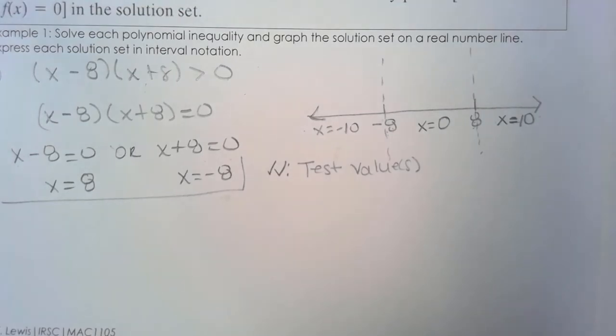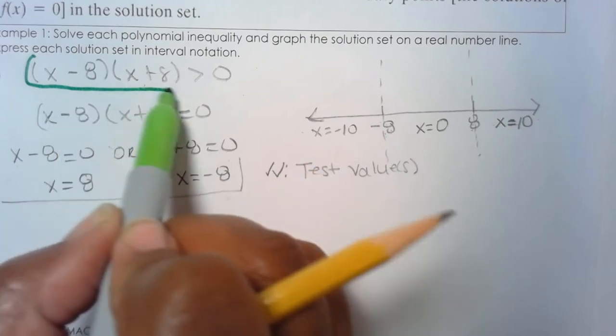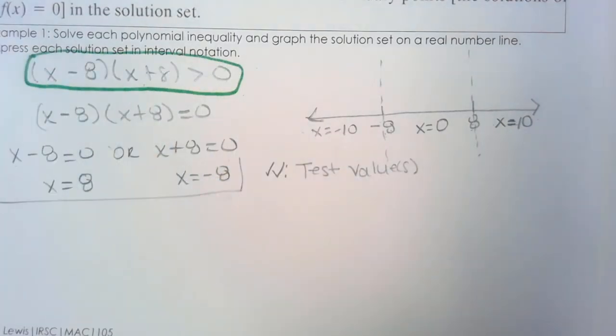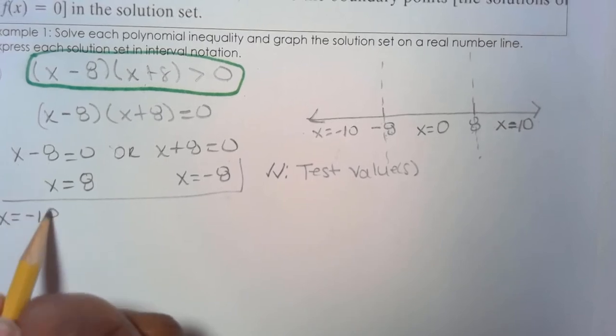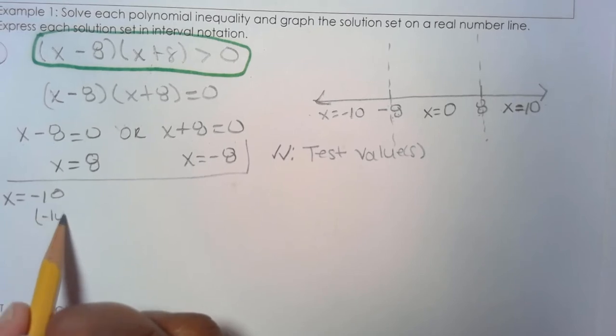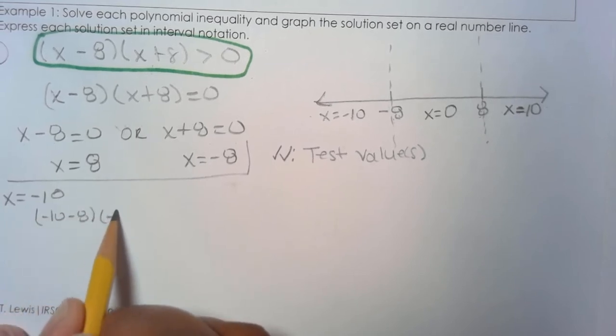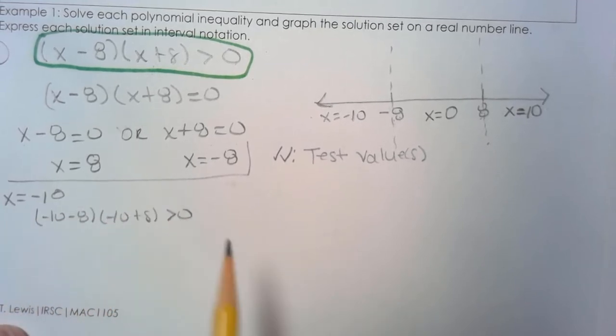That's where we're going to test our values. Let me circle that. So when x is equal to negative 10, let's plug these values in for x. We have negative 10 minus 8 times negative 10 plus 8 is greater than 0.